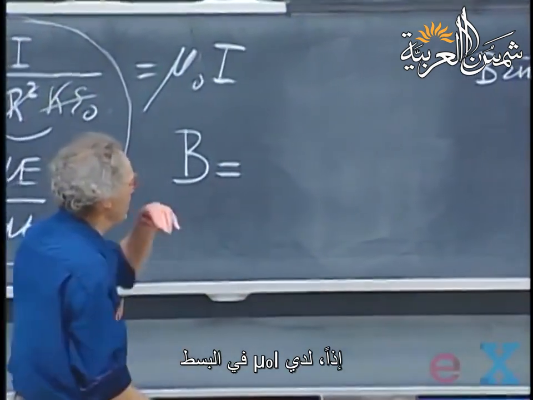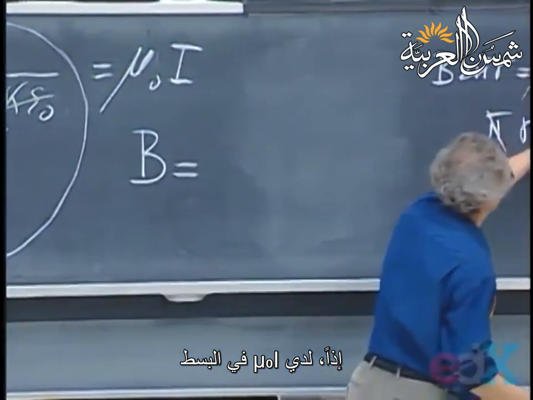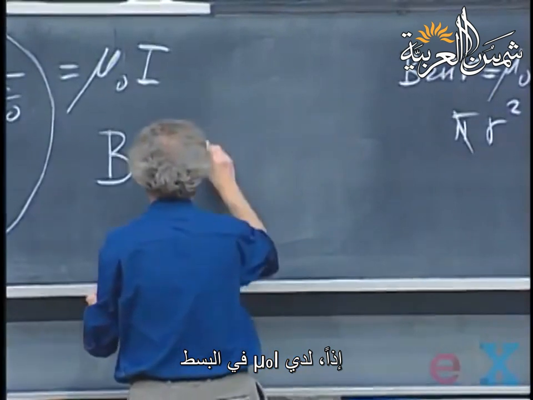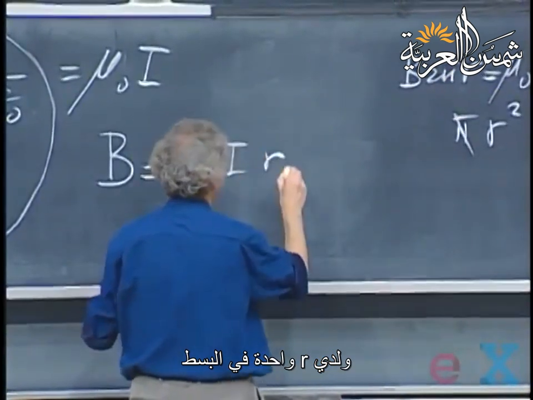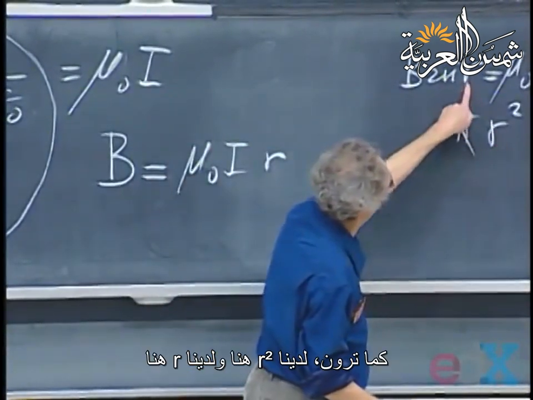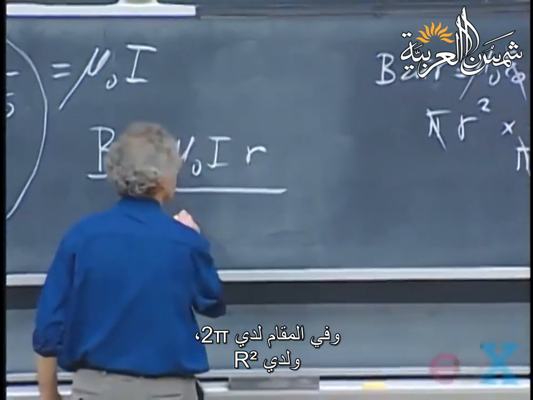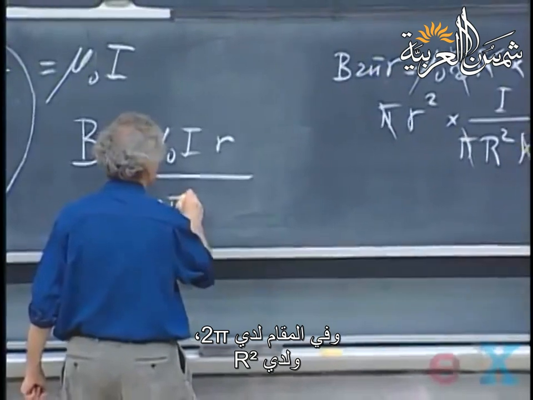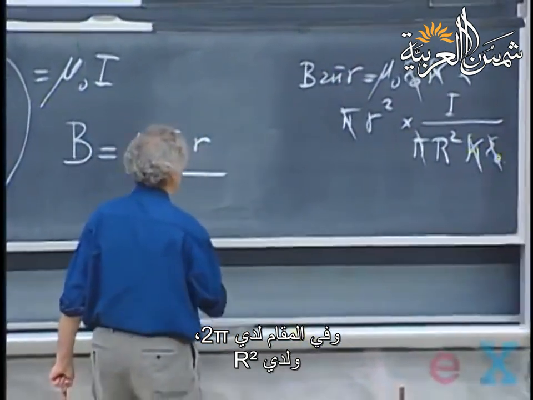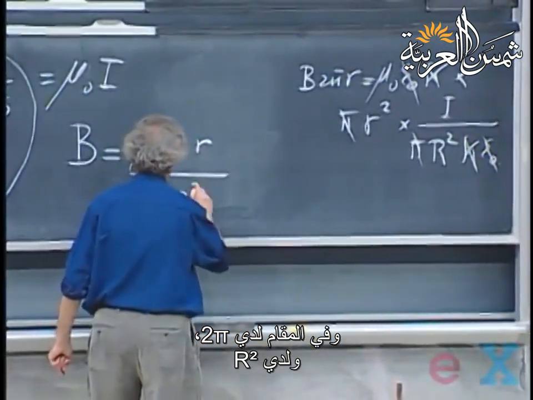Because if I make up my balance, I get upstairs mu zero times I, but I get one little r upstairs. You see, you have r square here and you have r here. And downstairs, I get 2 pi, and then I get a capital R squared.